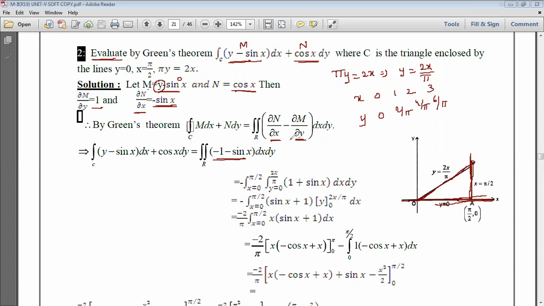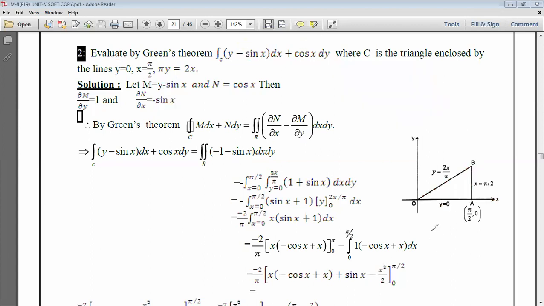Clear about it? So with the given lines, just by drawing those lines, we got a triangle, and this is the entire region. So this total one is the region. Okay, and now what are the intersecting points here? Where the curve is intersecting the given lines. See that O is nothing but x 0 and y 0, the origin. Next, the point pi by 2 is x, here y equal to 0, and this is the line x equal to pi by 2.